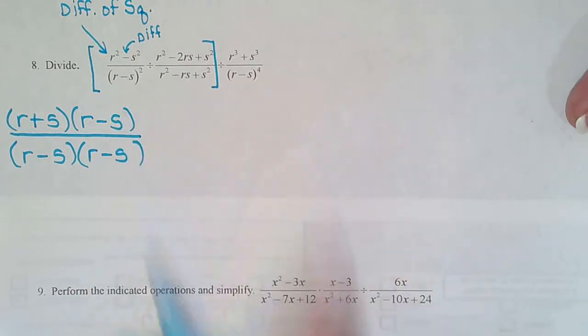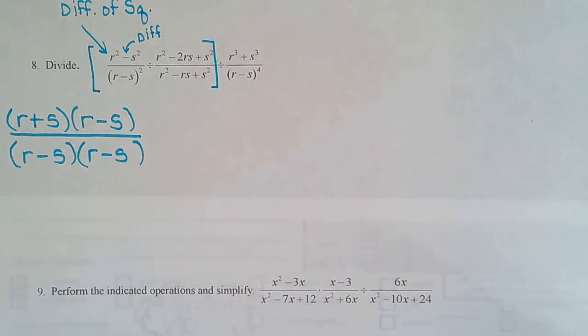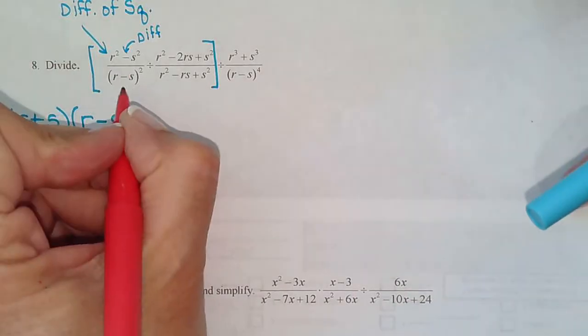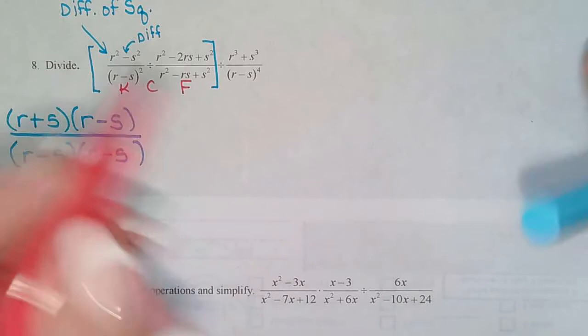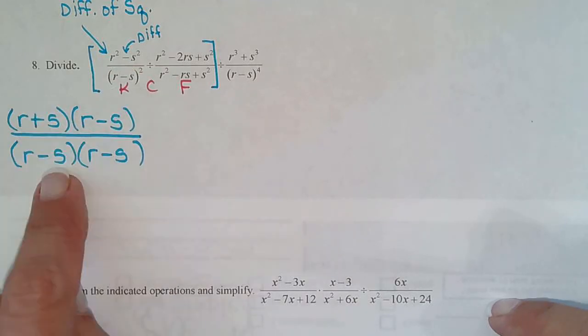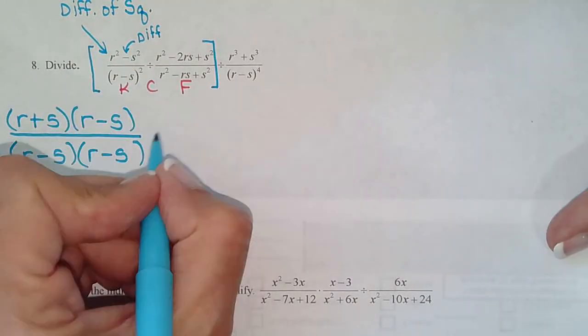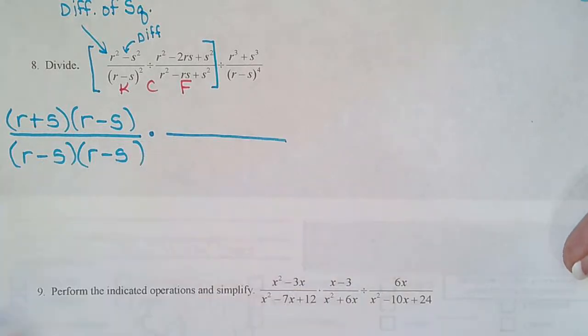So for right now, we can just ignore this one. So we're going to do, bring our red back, keep, change, flip. So we kept our first fraction as is, change this to multiplication. Now we're going to flip our second fraction.